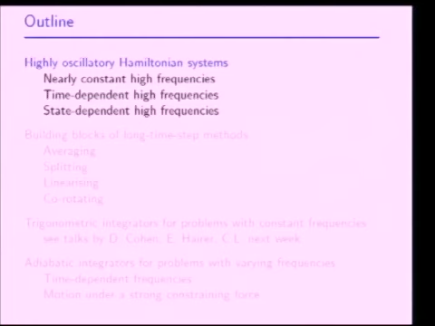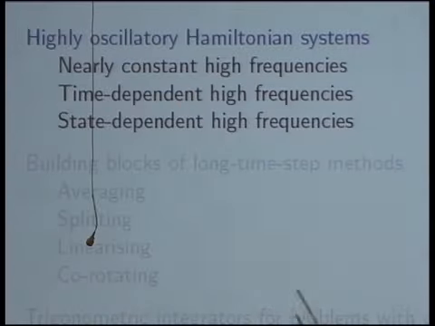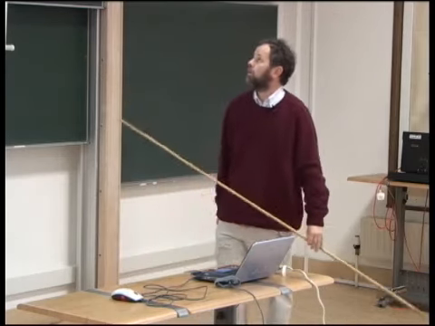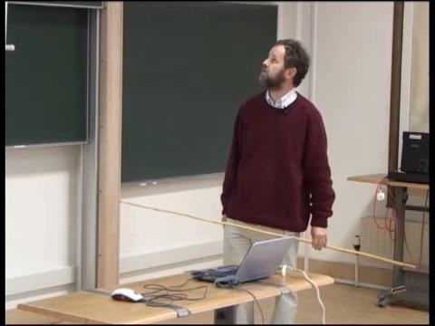So let me come first to some problem classes and illustrate it by mechanical examples, which again depend on whether the high frequencies that appear in the system are constant or whether they vary. Well, we'll be concerned with Hamiltonian systems.